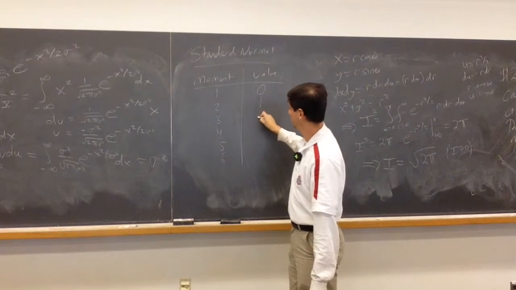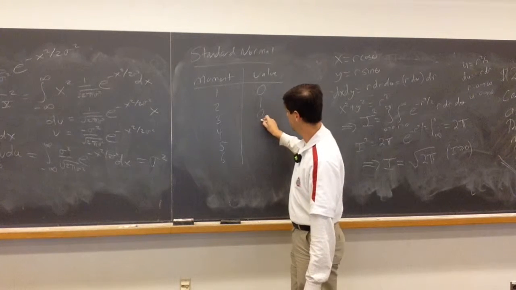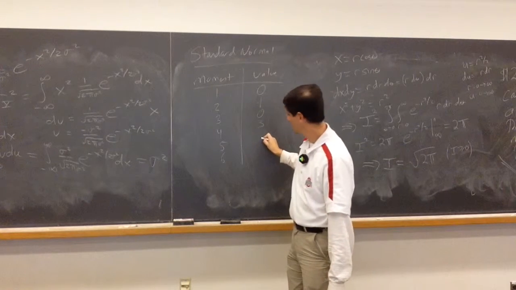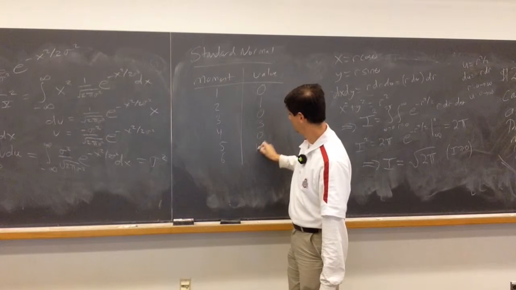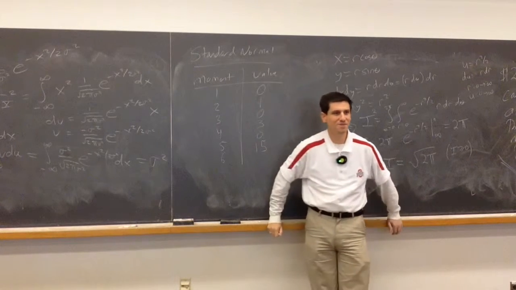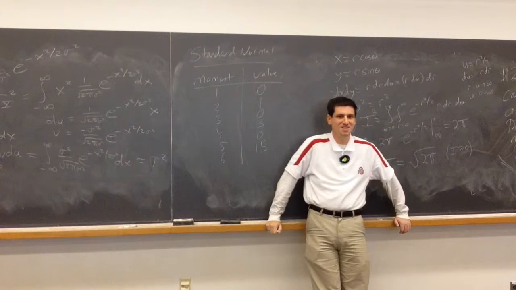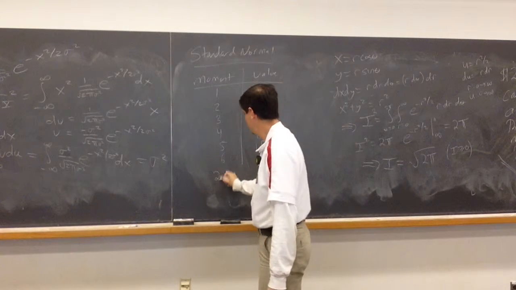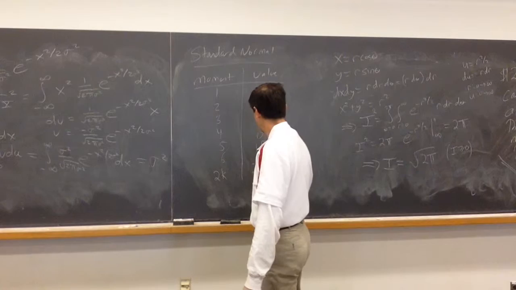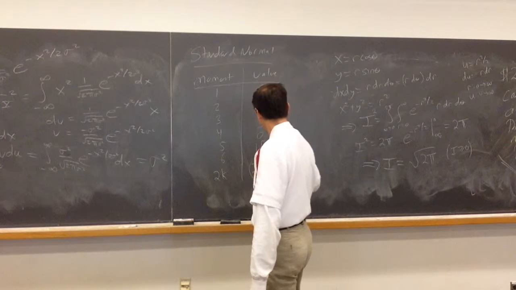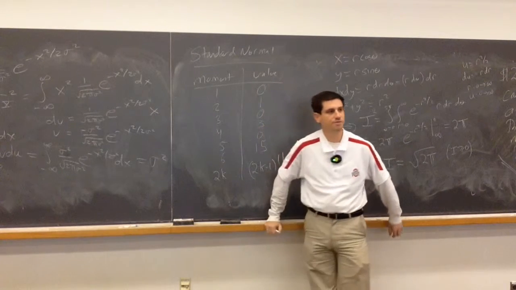Third moment. Fourth moment, I'll do that. It's 3. Fifth moment. Sixth moment. 15. Anybody recognize these numbers? Double factorial. The 2kth moment is 2k minus 1 double factorial.